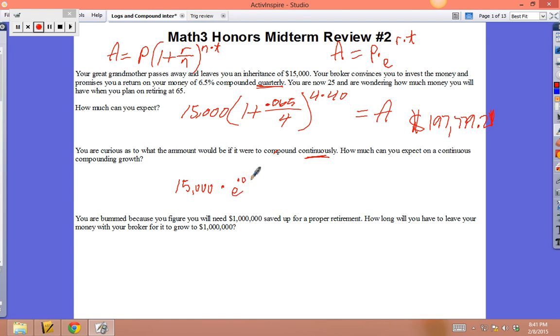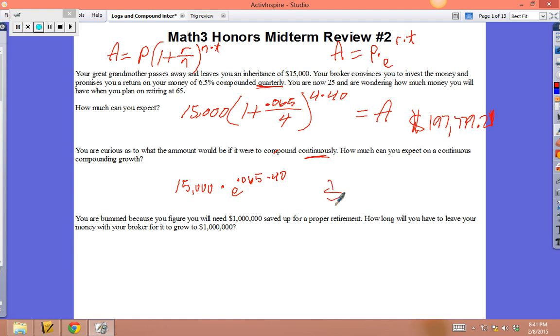So this formula is going to be 15 grand times E, and you're going to raise that to 0.065 times 40. So if you type that in, you should end up with really not much more money.